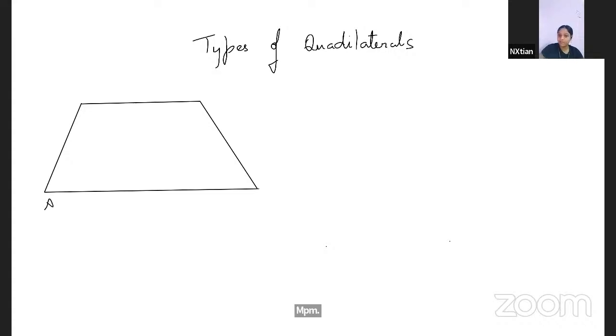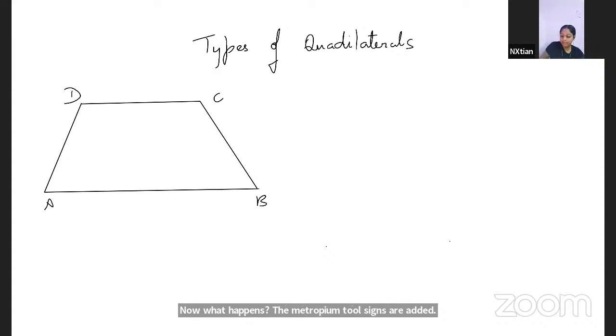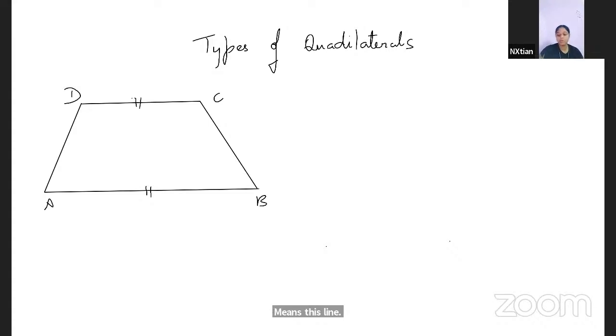Yes, a trapezium or a trapezoid. Very good. Now, what happens in a trapezium? Two sides are parallel. Okay, two sides are parallel. Means this side is parallel to this side. In a trapezium, the two opposite sides are parallel to each other.